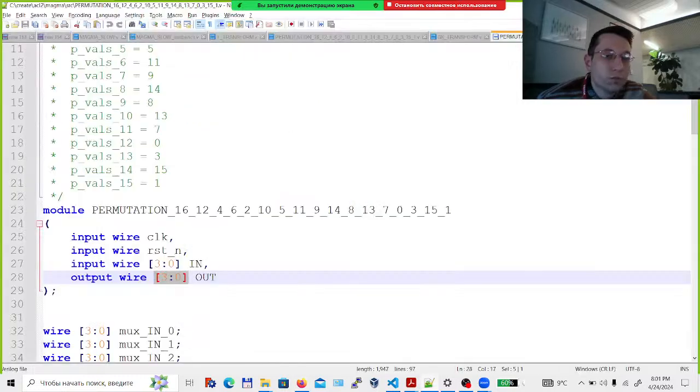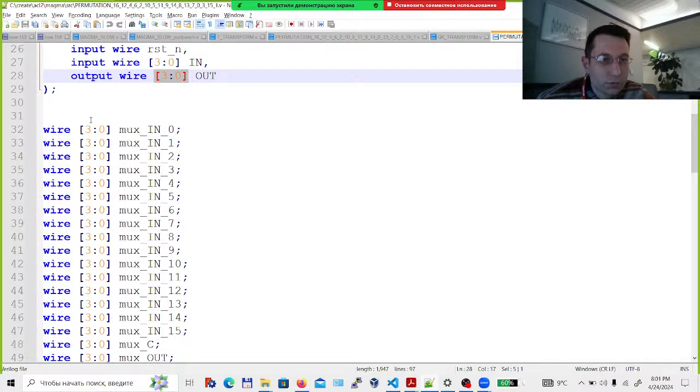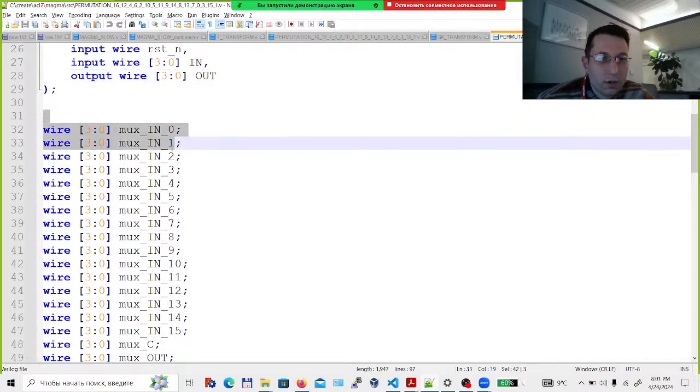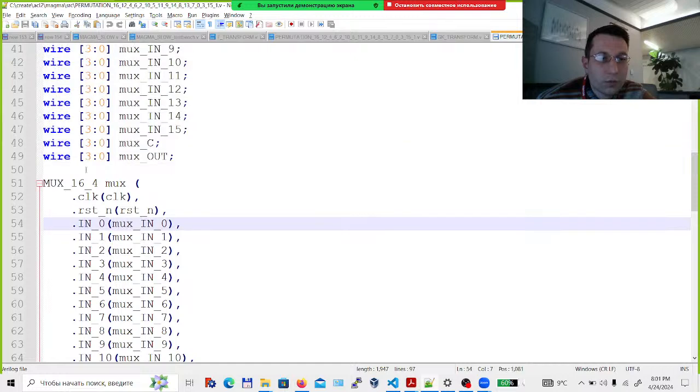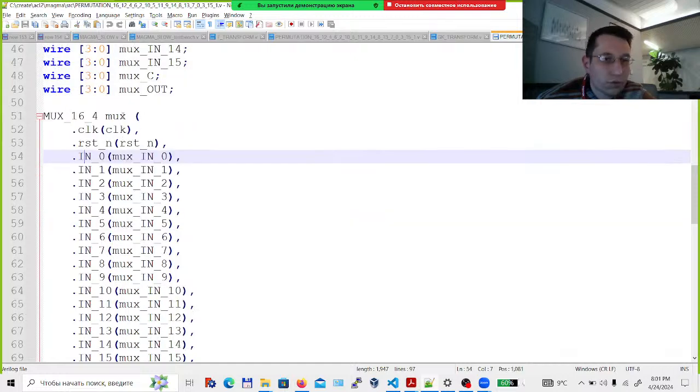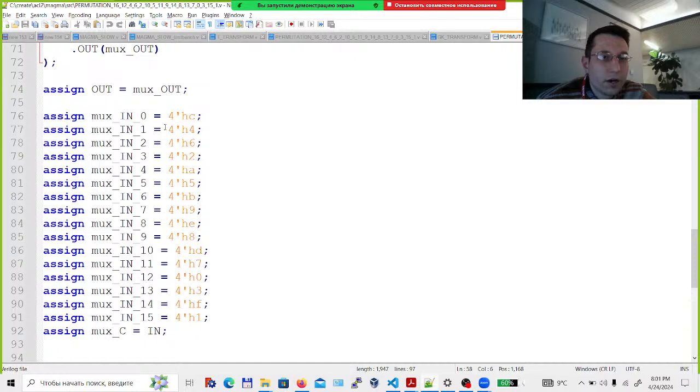As input we have a 4-bit number, as output we have a 4-bit number. We have to specify those wires, and then here we are doing some connection with the MUX model inside the Verilog using some dot notation. Then we assign the outputs for this particular permutation.